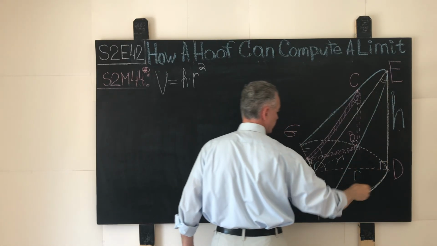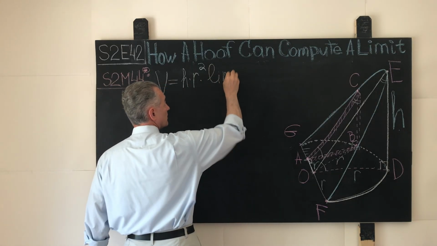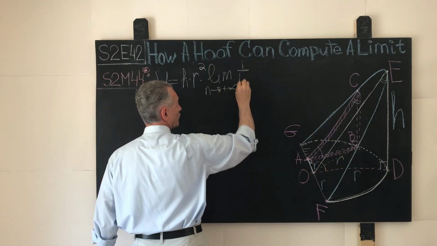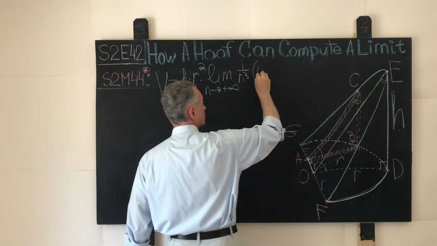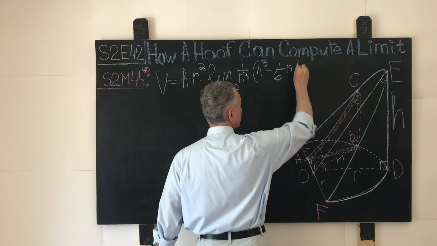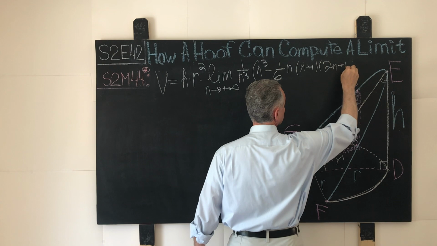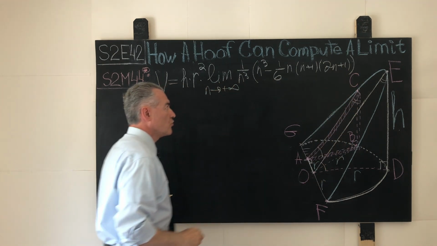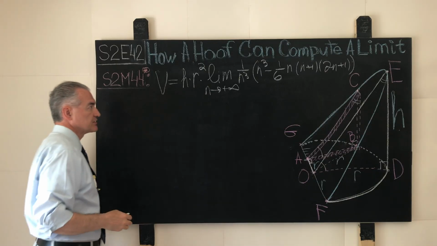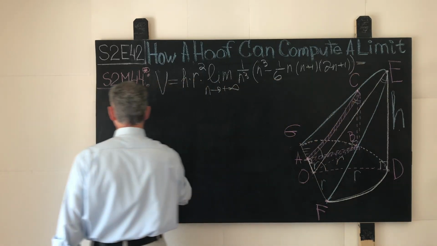R is the length of the radius of its semicircular base, times the following limit when n tends to positive infinity of 1 over n cubed, and in parentheses we have n cubed minus 1/6 times n plus 1 times 2n plus 1. Again, early on, your first semester, first year in college, or if you're brave enough, you can learn all these things in high school. These things are not that complicated. We carry out this limit as follows.